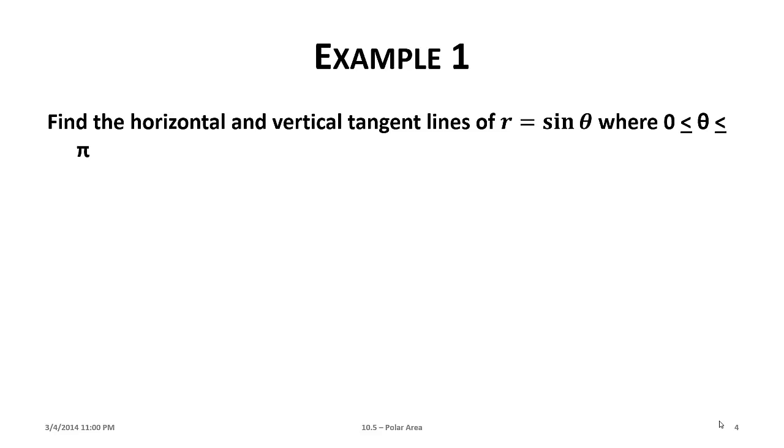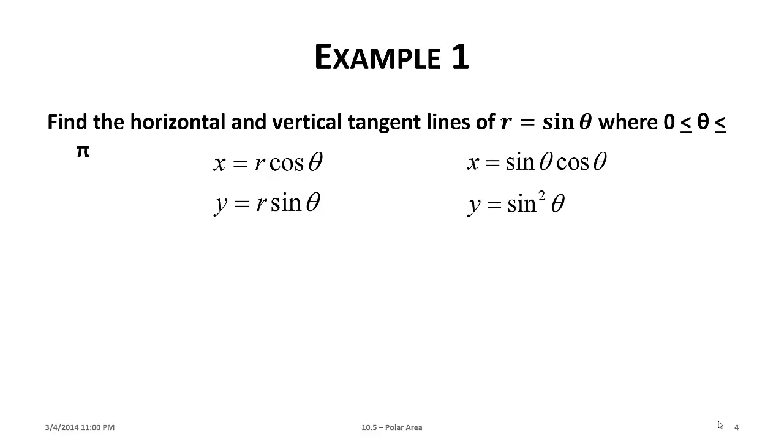As we go through this, we understand that the horizontal tangent of this equation is applying to the original y equation. Before we figure out the horizontal and vertical tangent lines, we need to figure out what x and y could be. We plug in r, and r stands for sine theta.